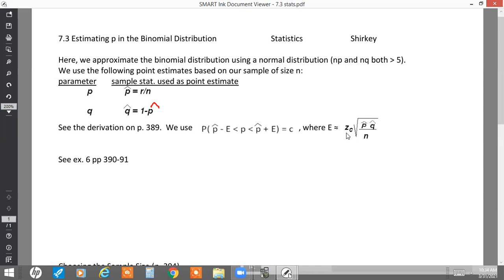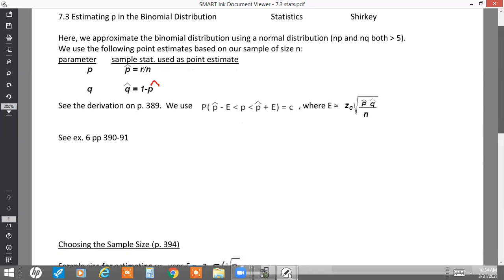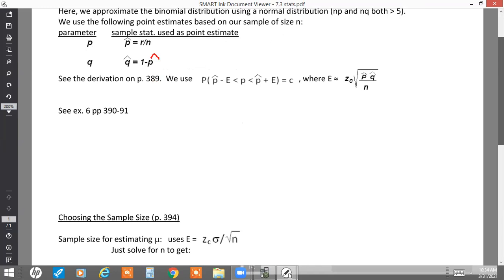The error is approximately z sub c times the square root of p hat times q hat divided by n. And then we just do p hat plus and minus the error, and that's our confidence interval. For example 6 on pages 390 and 391, I think I'm just going to go in and do example 6 on here for you.